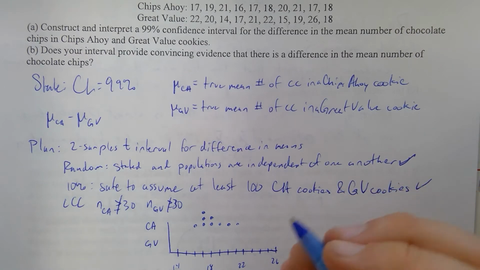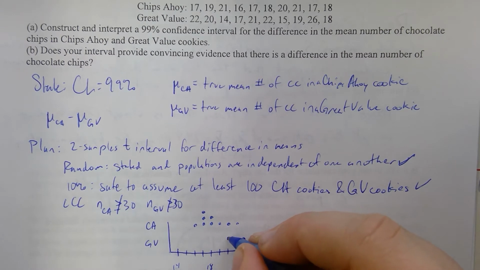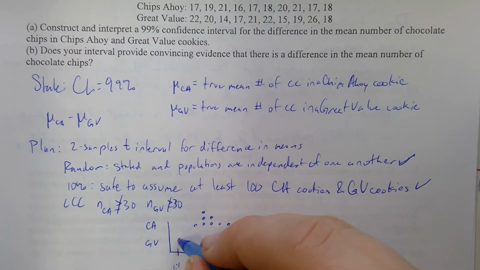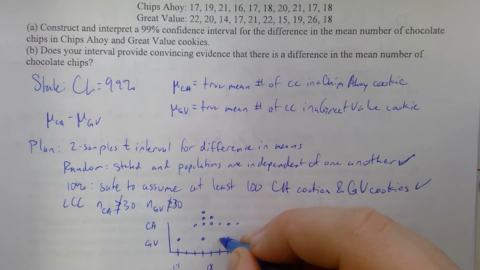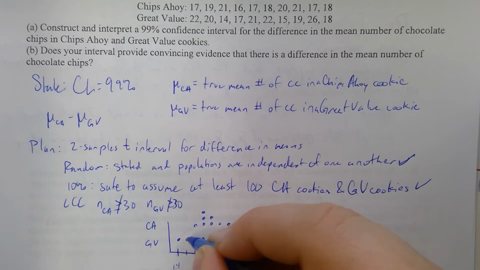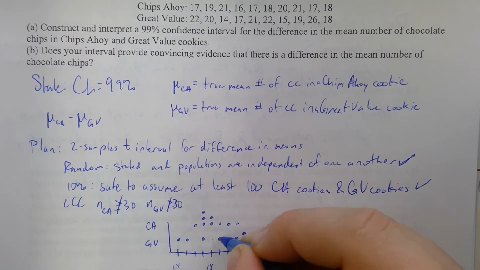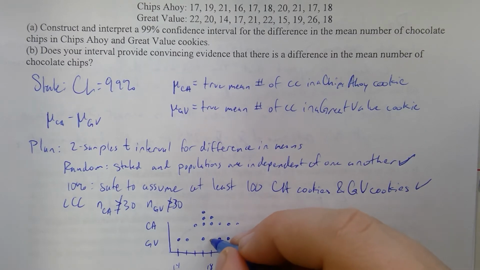Let's see, Great Value. We got a 22, a 20, 14, 17, 21, 22, 15, 19, 26, and 18.